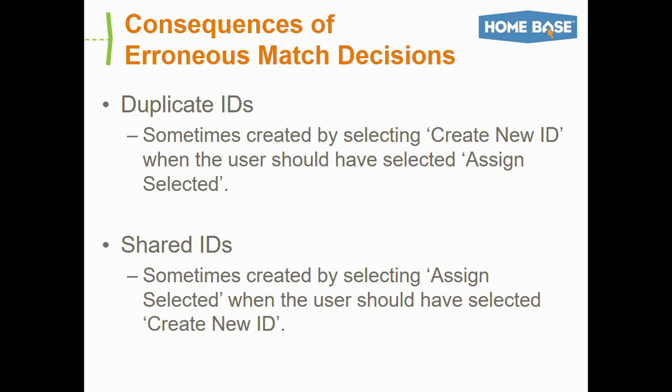Conversely, a shared ID can happen when the user selects Assign Selected option inside of a near match decision instead of Create New ID. So it's basically the inverse of a duplicate ID being created.